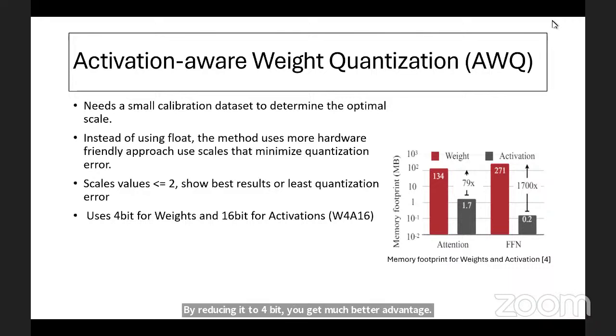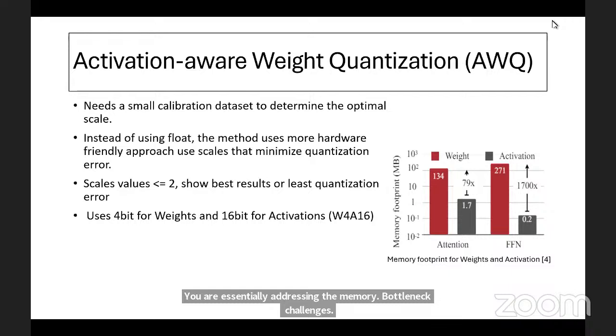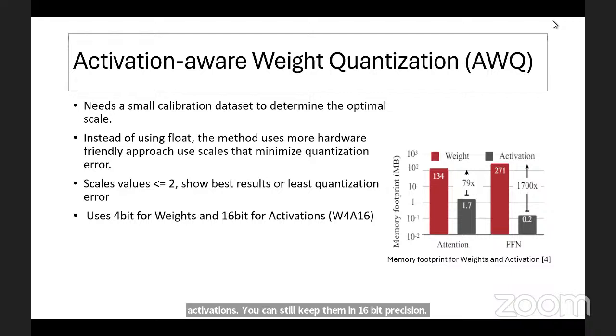Whereas activations, you can still keep them in 16-bit precision because their contribution to the overall memory bandwidth or the model size is not that significant. Again, it's essentially a trade-off. If you could, you would want to do the activations in 4-bit as well, but this is the kind of trade-off you need to do.